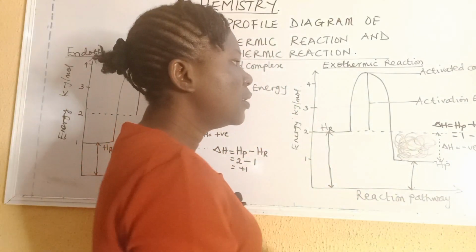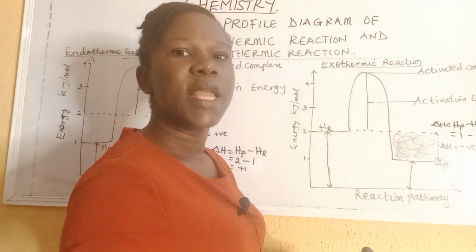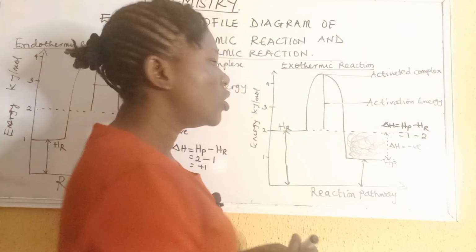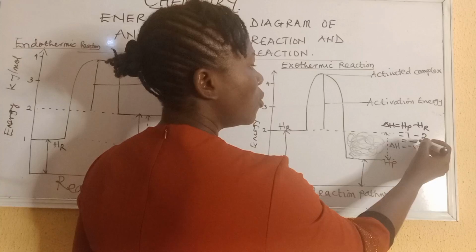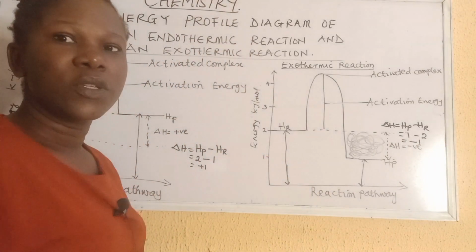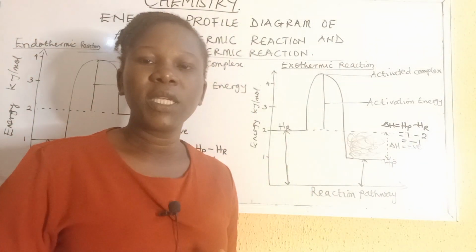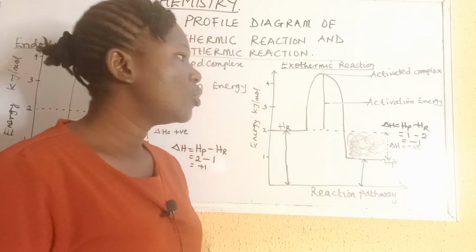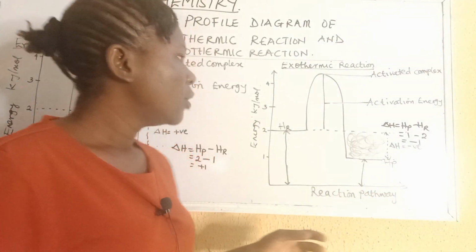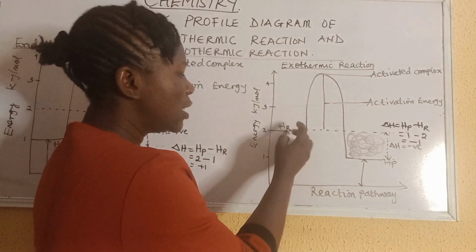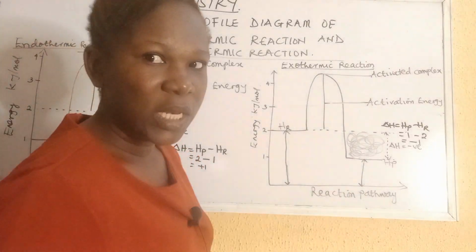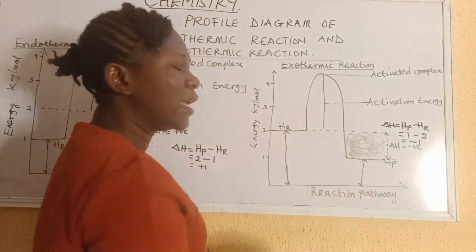We end up getting a negative value, which is minus 1. That accounts for the reason why the heat change of an exothermic reaction is usually negative. Because at the beginning, the heat is higher, at the end, it is released. So we have low heat at the end.